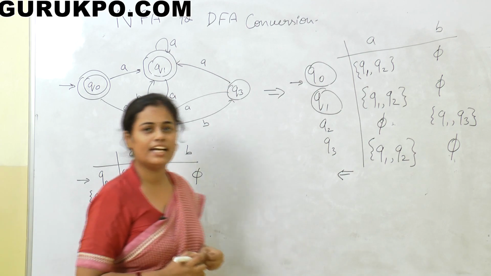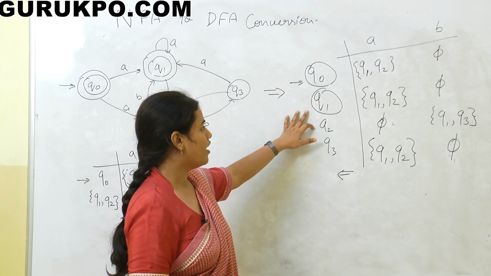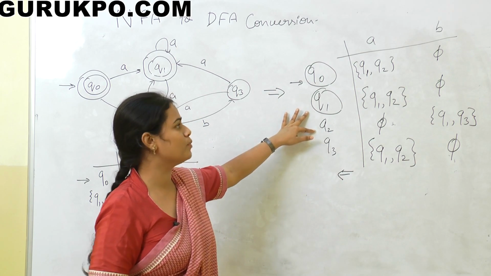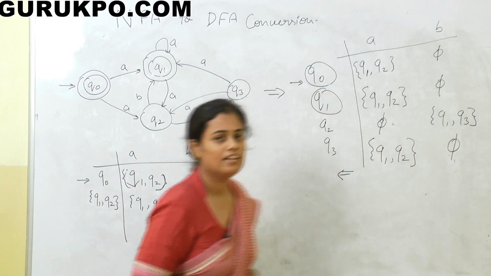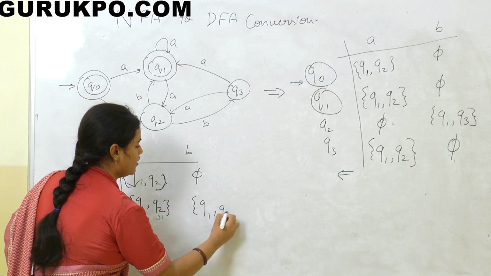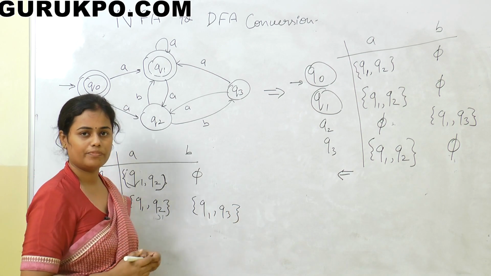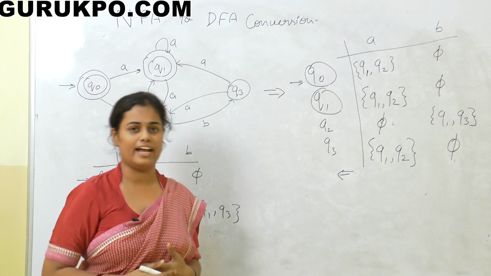We will not consider null because null is nothing. Then we check for the input symbol B. It will come null, Q1 comma Q3. We can leave null, that is why Q1 comma Q3 comes here. Then here is null. We will consider null at last.